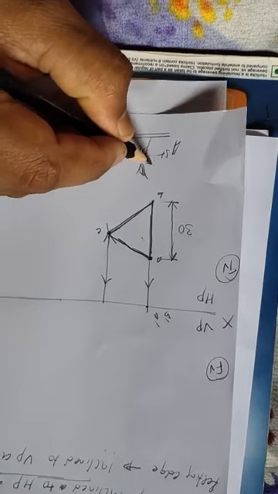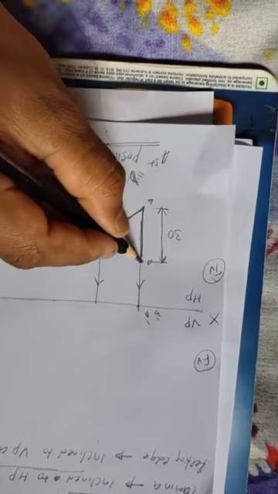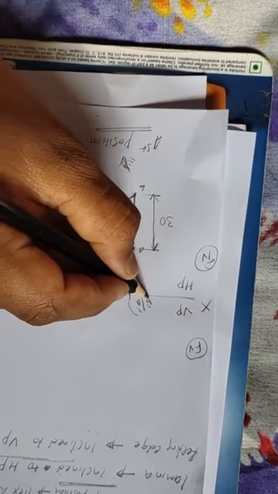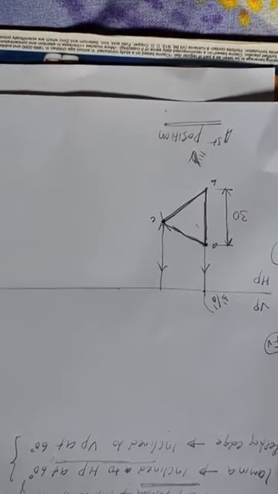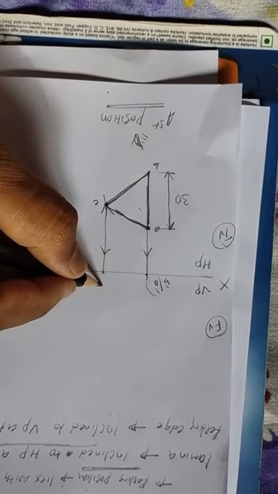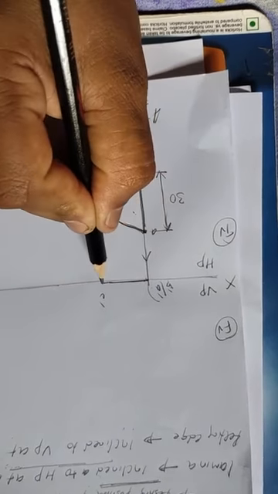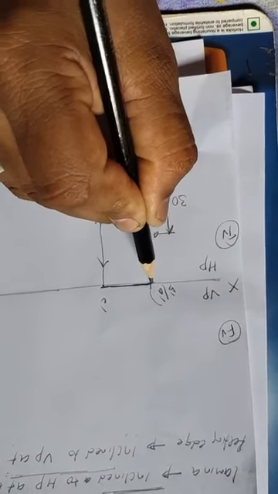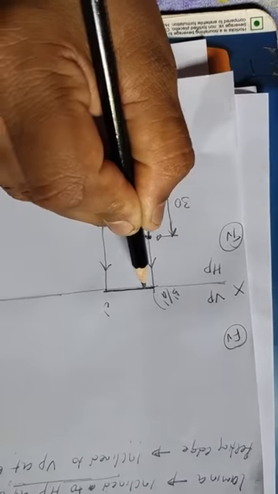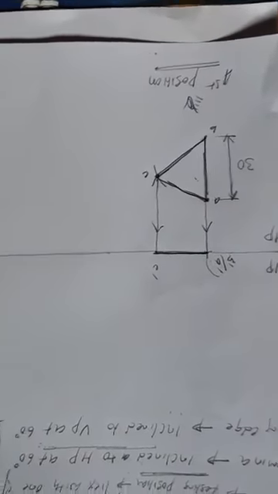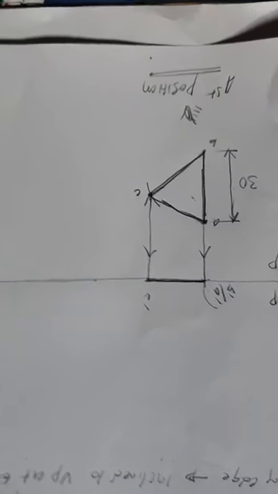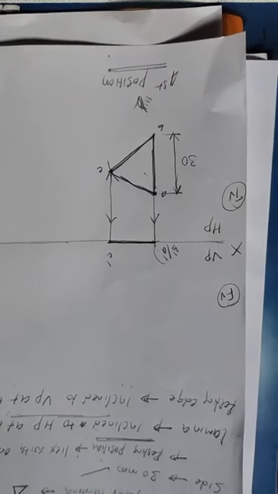While seeing from this side, B is visible, A is invisible, that is B dash is visible, A dash is invisible. From C, draw C dash. Then join A dash, B dash and C dash. Now on the XY line we get the front view. This is the first position, front view.